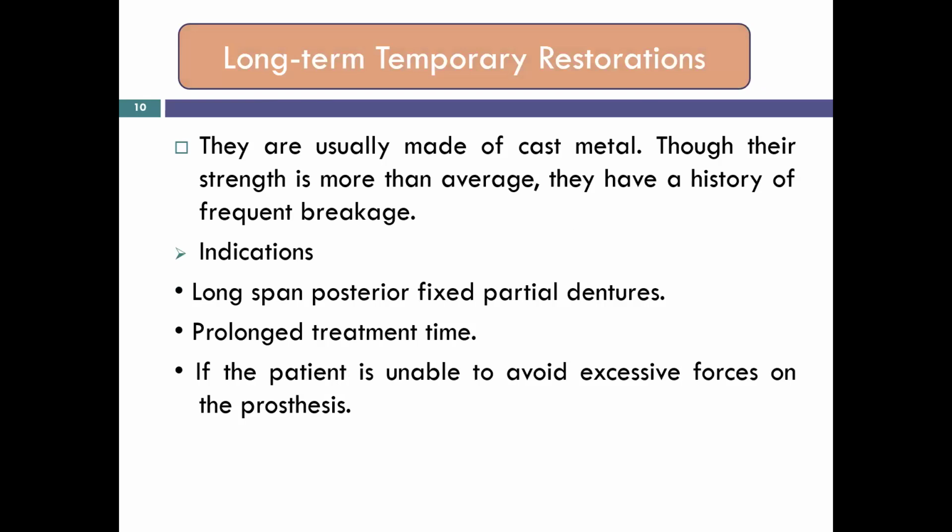Long-term temporary restorations are usually made of cast metal. Though their strength is more than average, they have a history of frequent breakage. Indication is in long span posterior fixed partial denture, or prolonged treatment time if the patient is unable to avoid excessive force on the prosthesis.